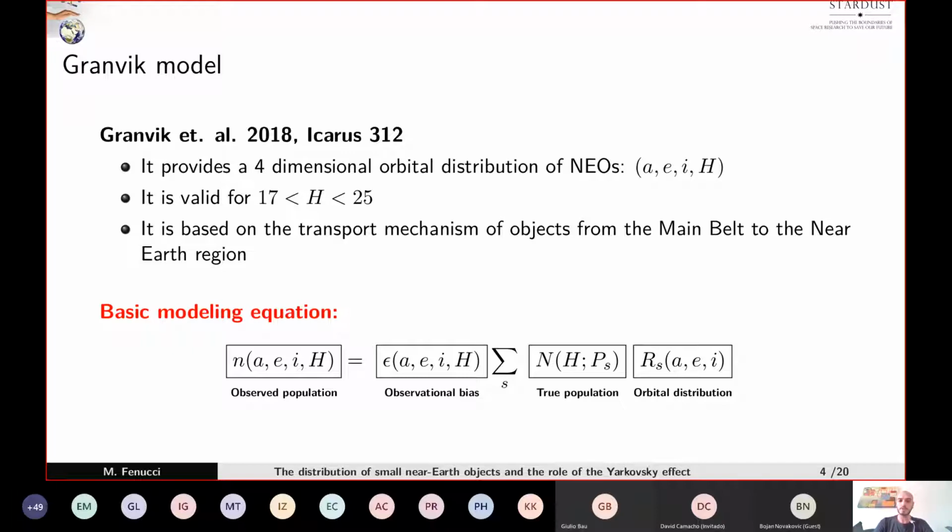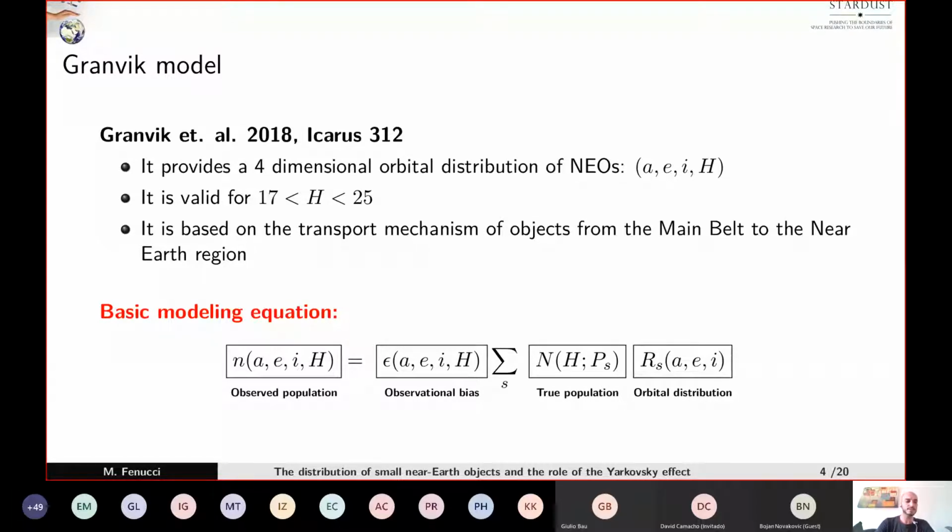The true population of each source region depends on the absolute magnitude and on some fit parameters, which are computed by trying to match the observed population and the model.